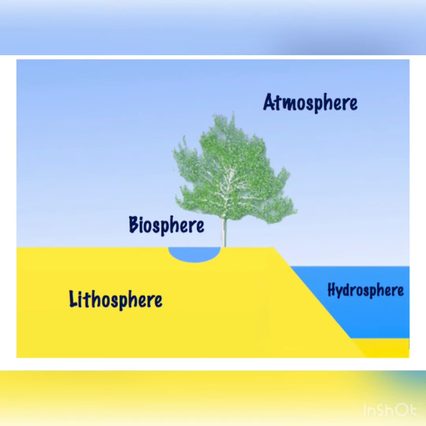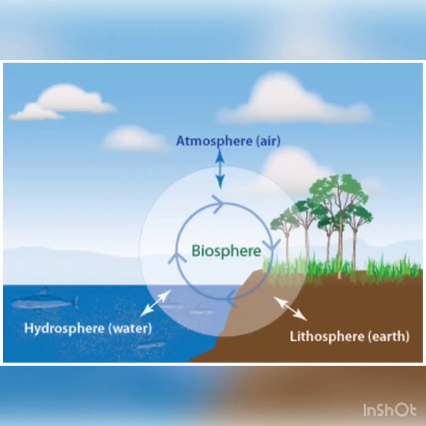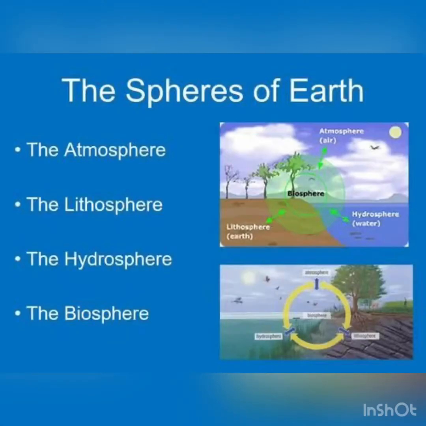It is the fourth realm of the earth, found in the narrow zone where the three realms come in contact with one another. It is called biosphere. This is where all forms of life, both plants and animals, exist. I hope all the four domains or spheres are clear to you now.